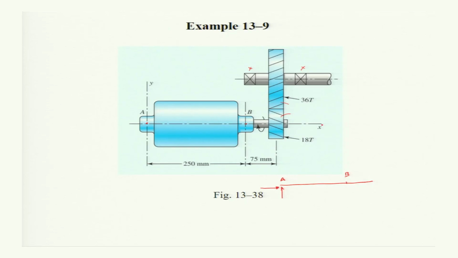With the coordinate system x, y and z perpendicular to the screen, you will have reaction RA in the x direction here, but there will not be a reaction in the x direction at B. And this is the point of contact, which will be at a distance of half of the pitch diameter of the pinion, dp divided by 2.